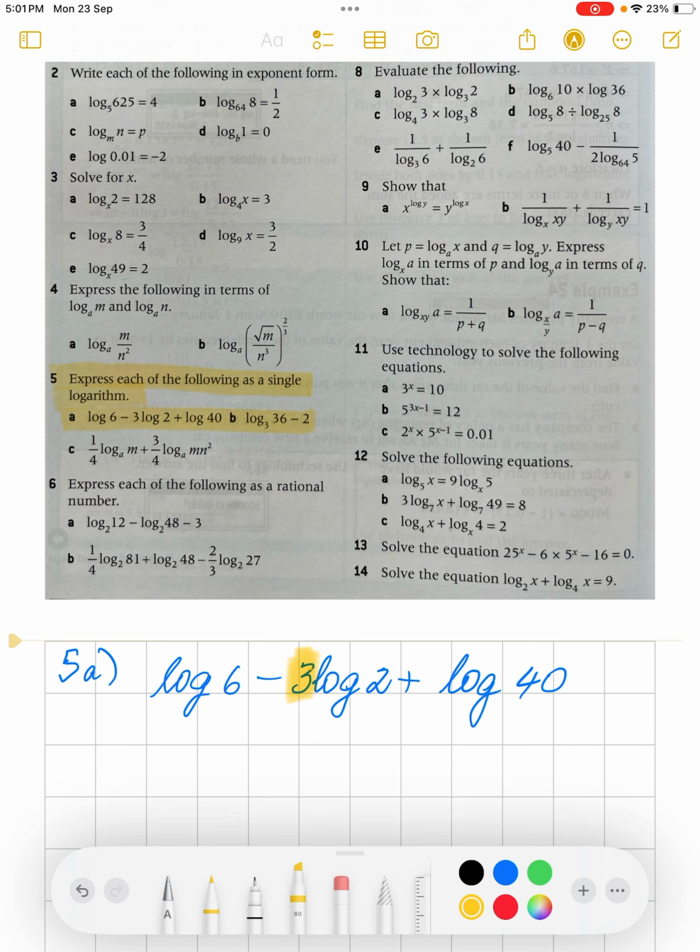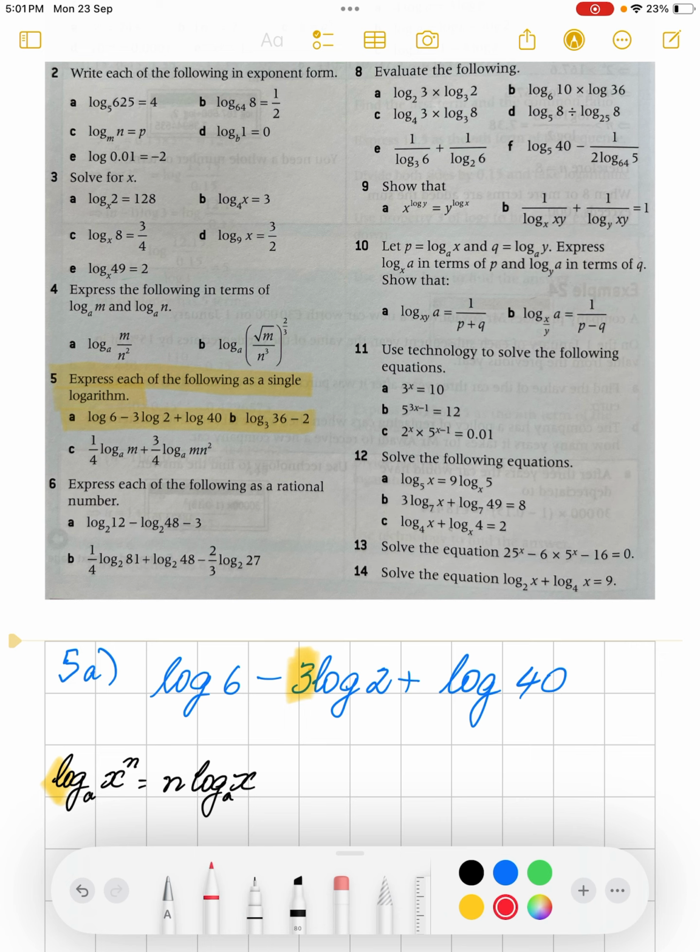So what I'm going to do initially is take this 3 here and place it using the property of the index that comes up and multiplies. The theory here is that the log of x to base a raised to the power of n equals n log x to base a.